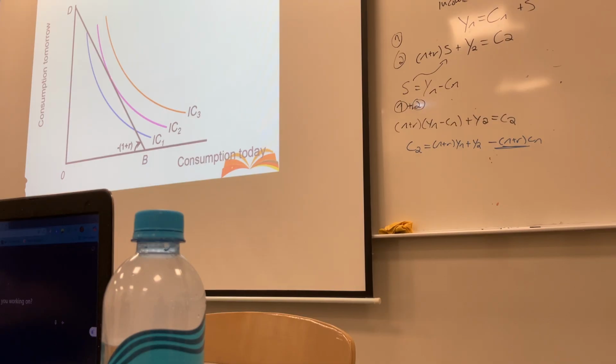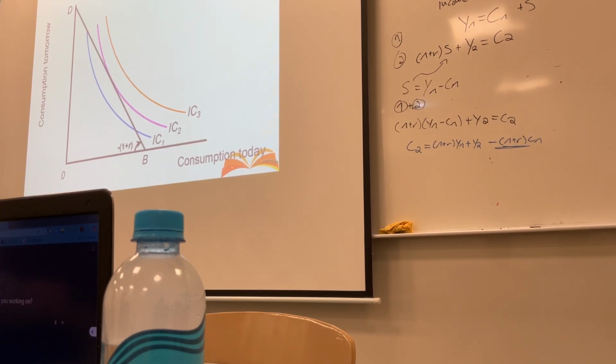At this point, if I decrease consumption today further, that's not going to get me back to the indifference curve I started from. I'll be at a lower indifference curve. I'll be worse off. So at this point here, we can figure out graphically, it's the highest indifference curve that we can get onto.